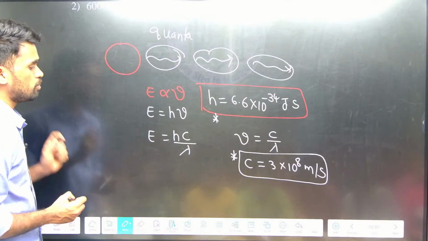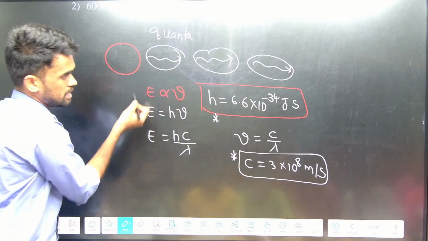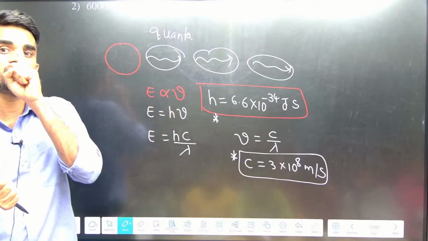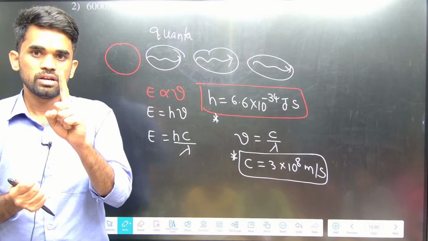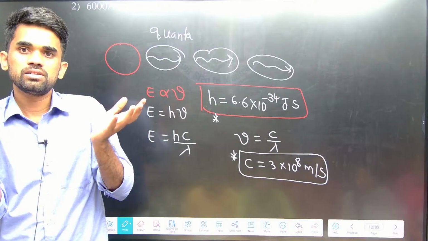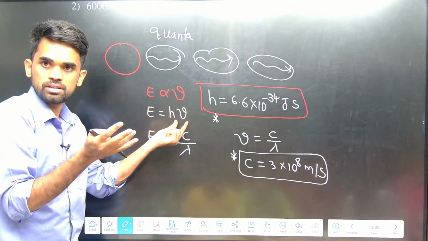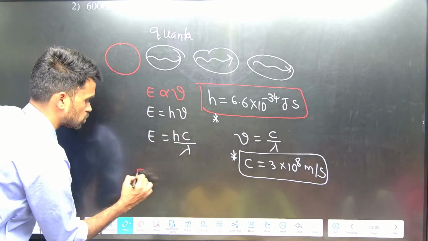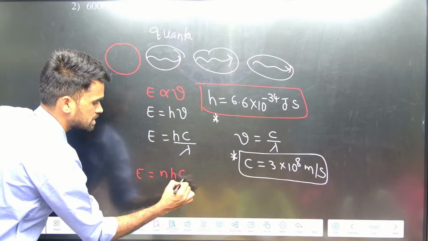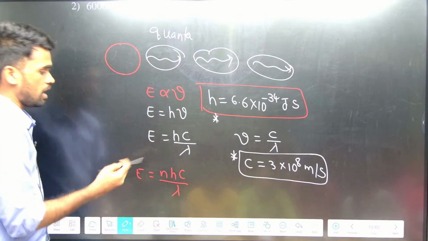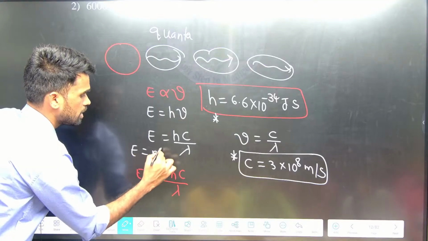Now this is the story when I am talking about one photon. If there are n photons, it is n times this number. So you should write E equals n h c by lambda, or E equals n h nu.